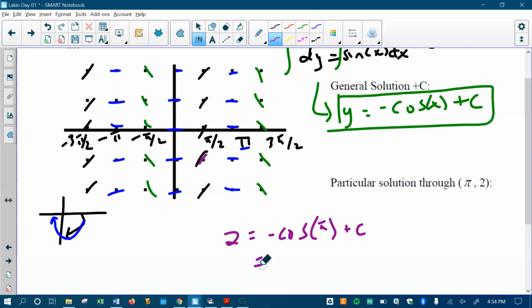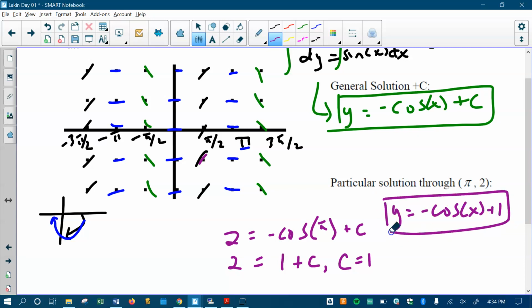Cosine of pi is negative 1, so this cancels out with the negative there, and we get 1 plus c, which means c equals 1. So my final answer here is y equals negative cosine x plus 1. And to finish it up, the point (pi, 2) is right there.